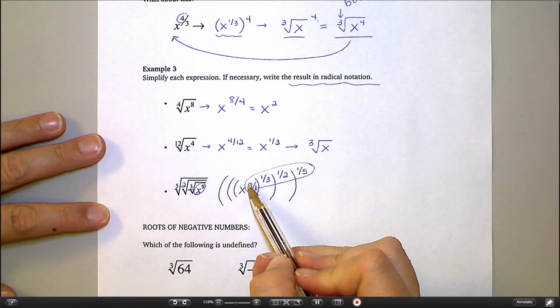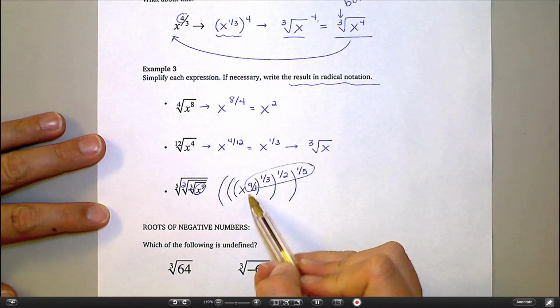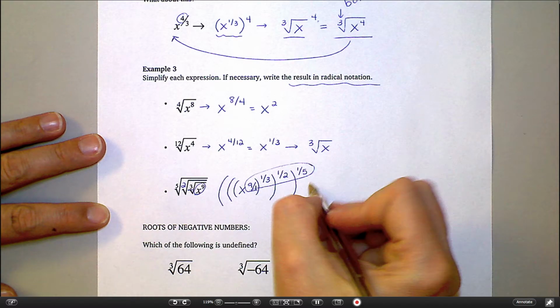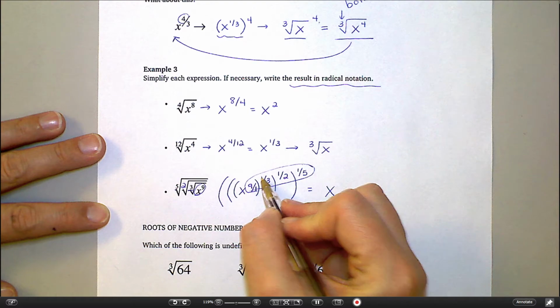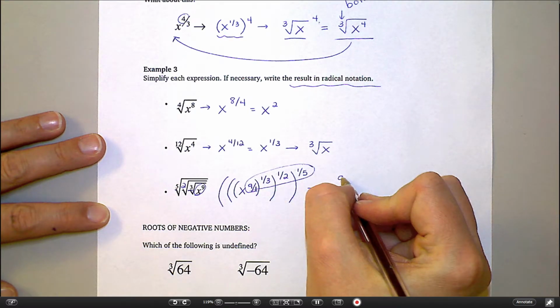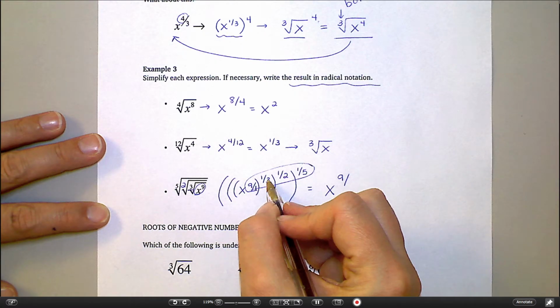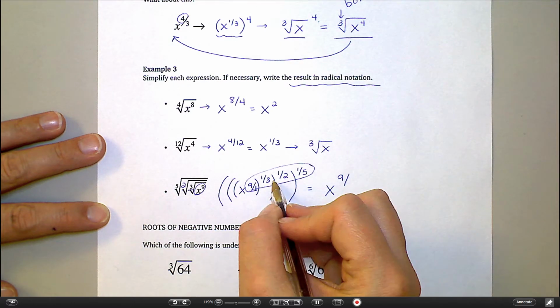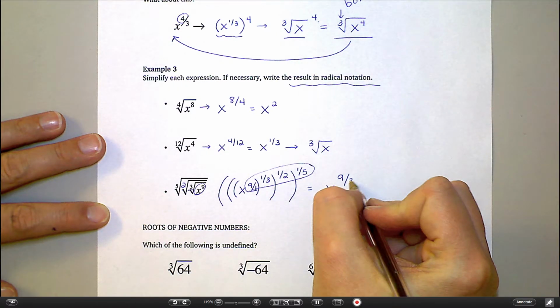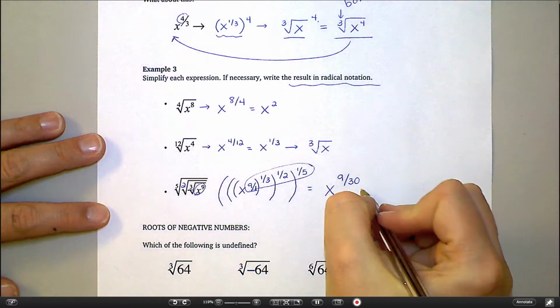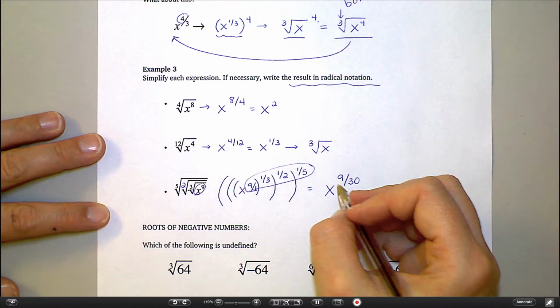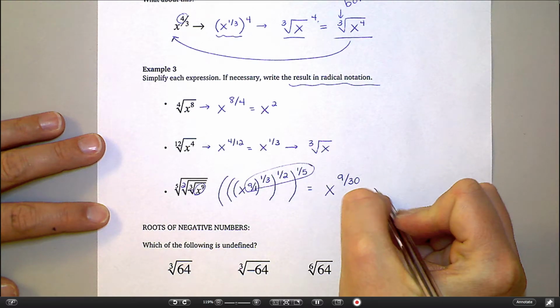And then I'm just multiplying all the tops together and all the bottoms together. So this would become x to the power of 9 times 1 times 1 times 1 is just 9. And 1 times 3 times 2 times 5 is, let's see, 6 times 5 is 30. Let's reduce 9 over 30 to 3 over 10.